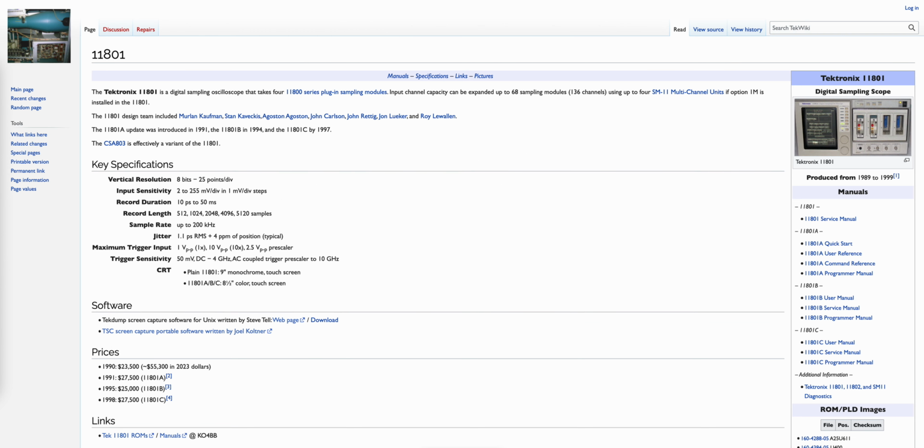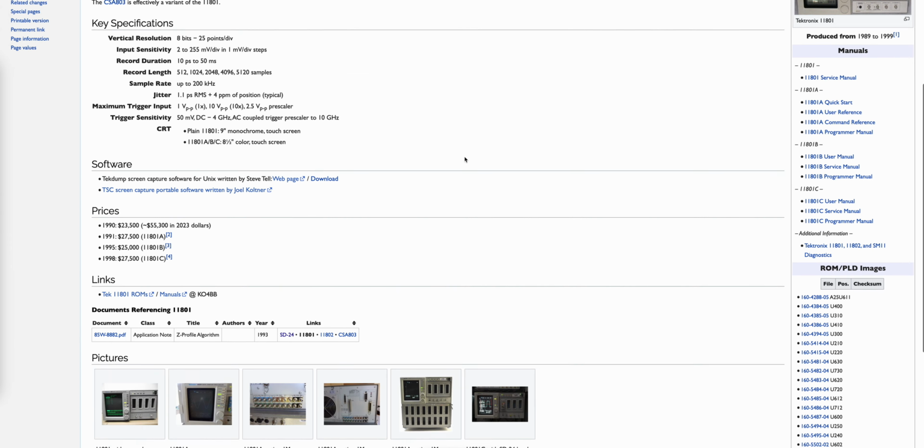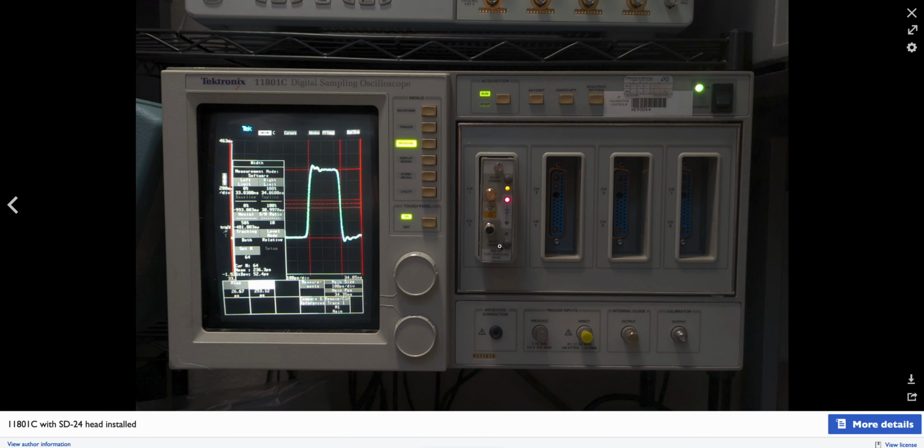And then later, a device that I find fascinating, the 11801 from the 11800 series. We see in this case not an oscilloscope or a frequency meter that is adapted for this purpose. This is a fully designed oscilloscope to do this task.